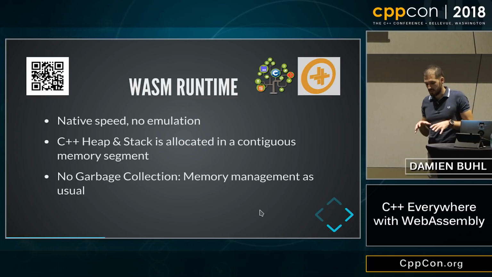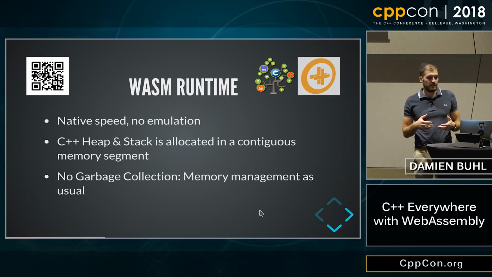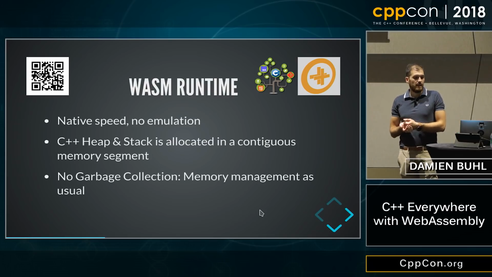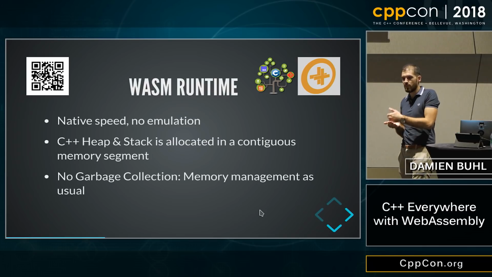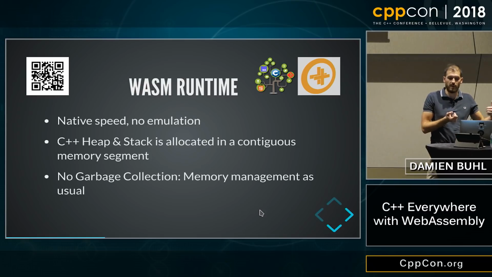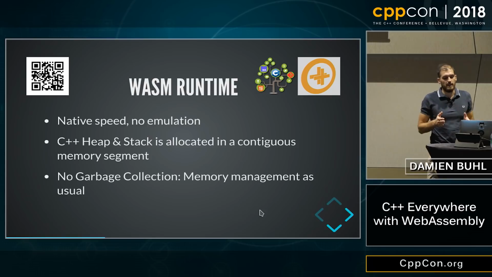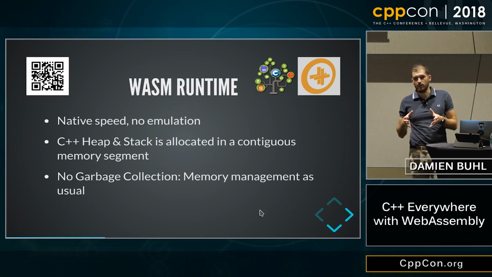What is interesting is how your application works when it starts. You need to access data, it needs to allocate memory. And this has been implemented in a different fashion in previous implementations, from the WebAssembly draft or from ASM.js. But what was standardized is that a gigantic contiguous memory segment is allocated to keep your heap and your stack inside it.